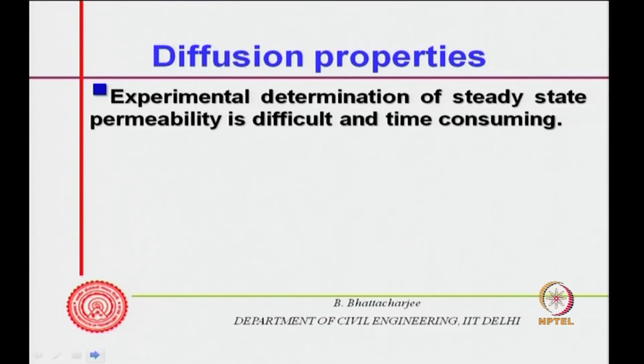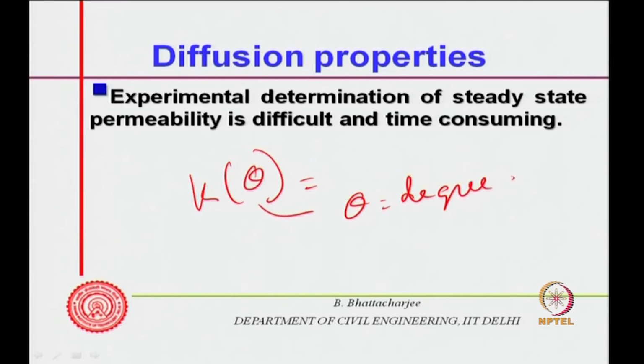So, these are the factors on which permeability depends, but experimental determination of steady state permeability is difficult and time consuming. In fact, in the unsteady state it will vary with the degree of saturation. So, K in unsaturated state can be a function of theta, where theta is degree of saturation, or relative moisture content.